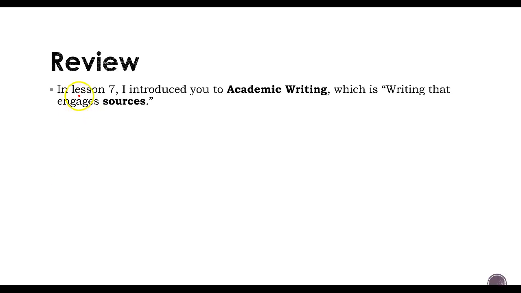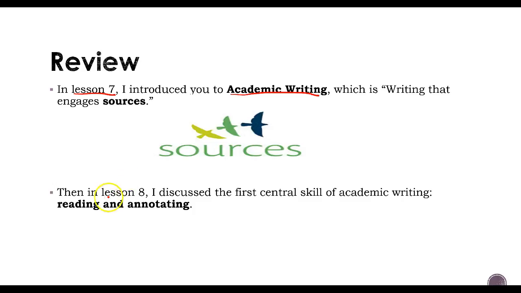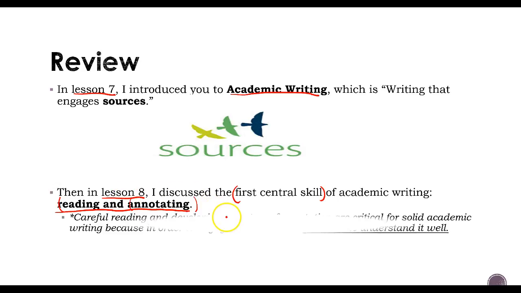In lesson 7, I introduced you to academic writing, which is writing that engages sources. Then in lesson 8, I discussed the first central skill of academic writing, which is being able to read and annotate effectively. Hopefully you got something out of that lesson and you feel pretty prepared to do some close, careful reading as well as annotating your texts.